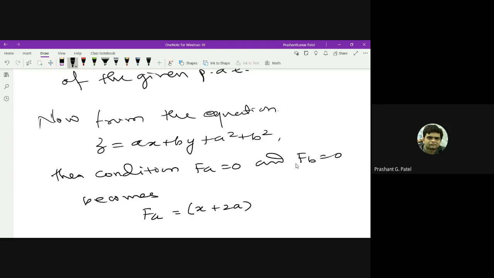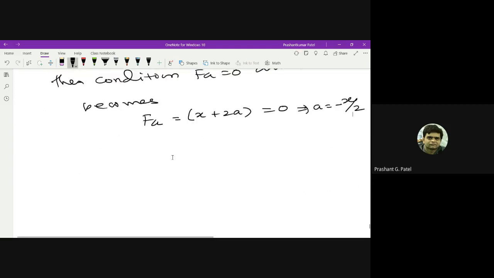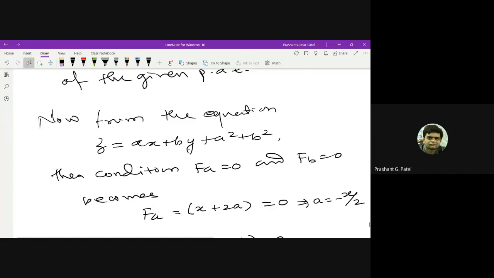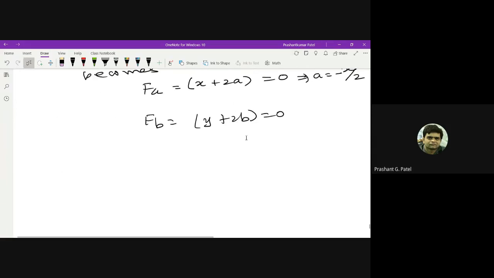The partial derivative with respect to a gives 0, and that will give the value of a is minus x/2. And fb equal to 0 will lead to y + 2b equal to 0. You can see that the derivative with respect to b gives y here and here it is 2b, and will lead to b equal to minus y/2.